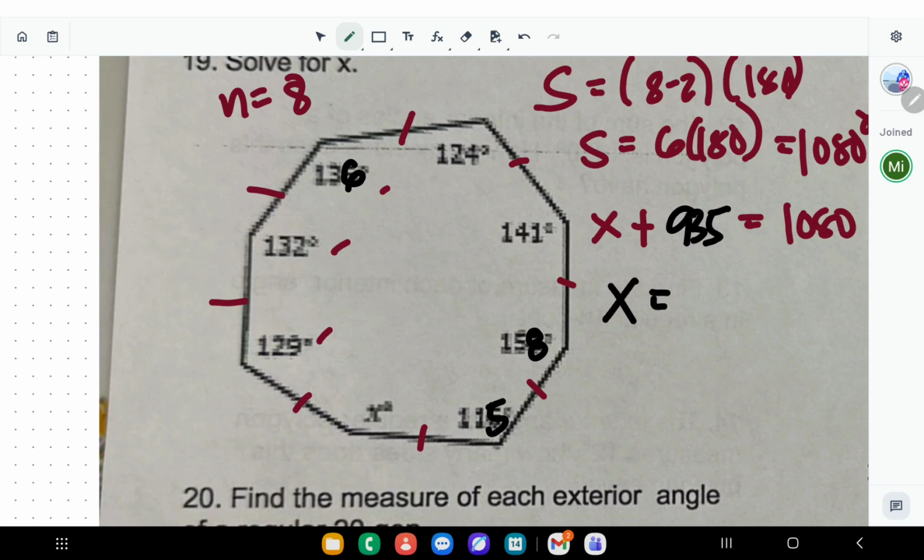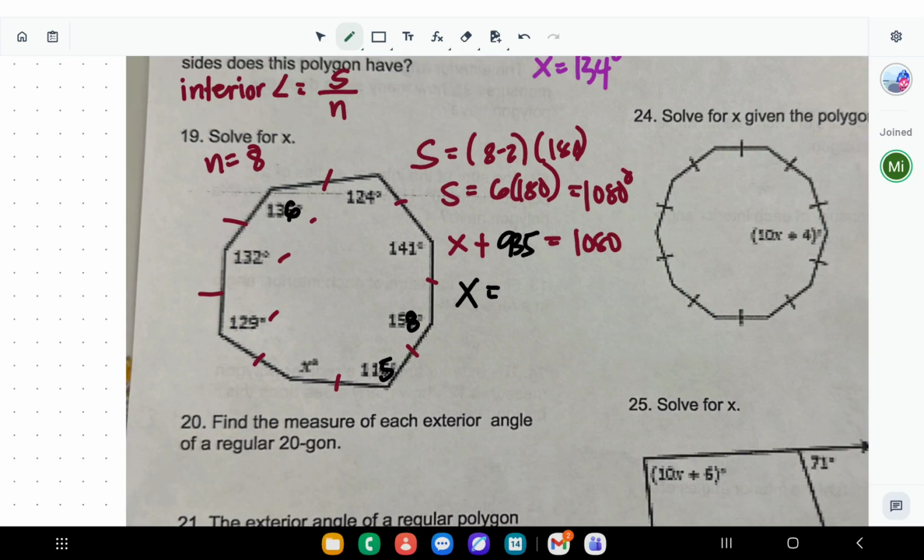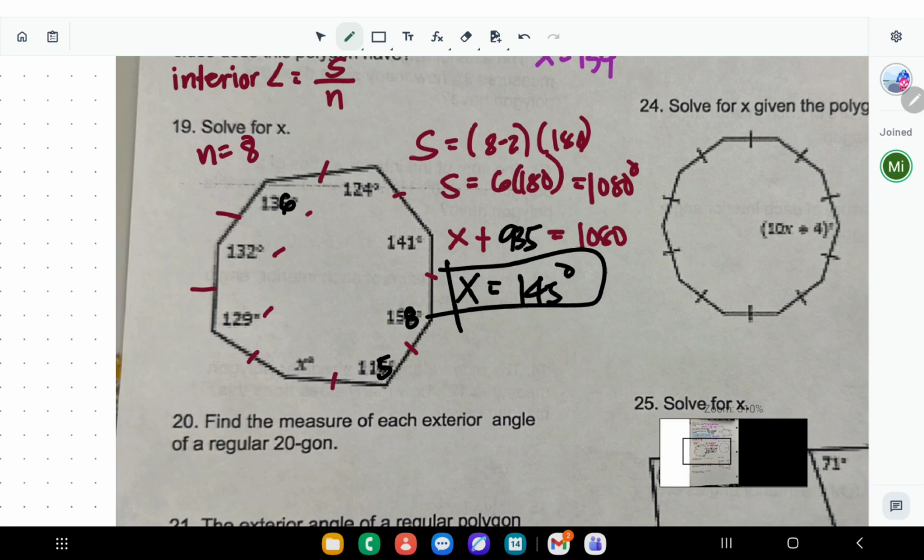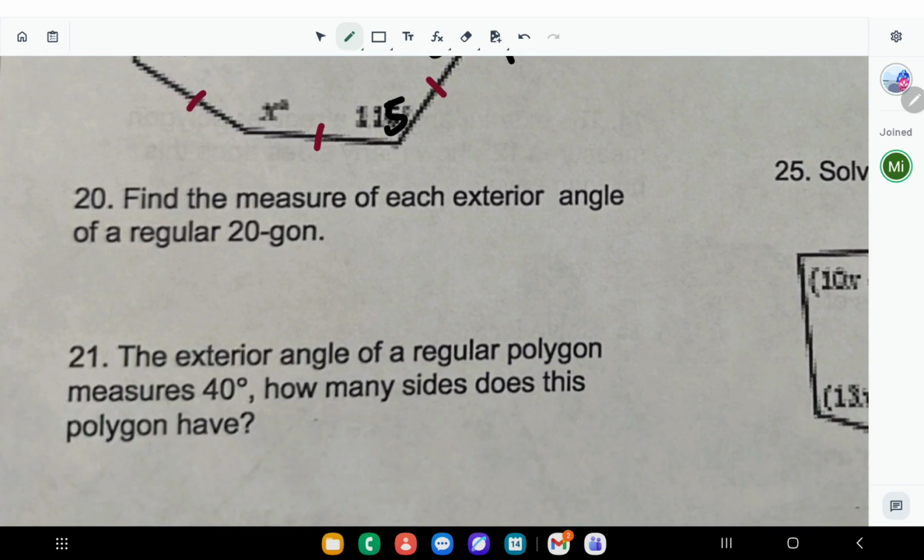Okay, then what did you get for x? 1080 minus 935. All right, so that is 145 degrees. Then number 20. Find the measure of each exterior angle of a regular 20-gon.